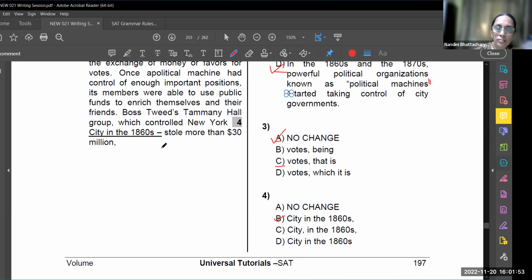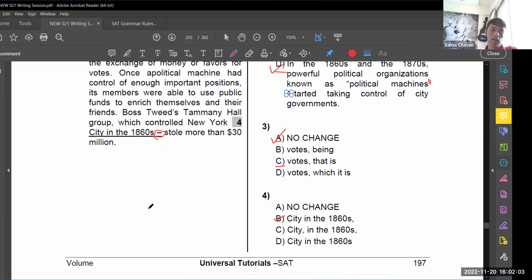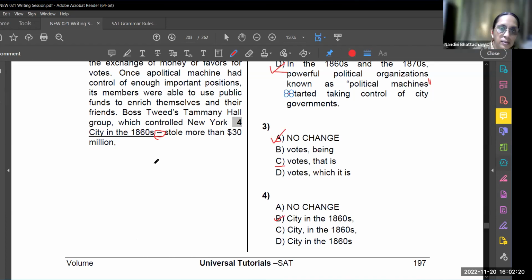Why dash won't come? So you said the dash won't come, but you should know why it should not come. Well, because stole more than 30 million is not an additional information. Ma'am, it completes the sentence.